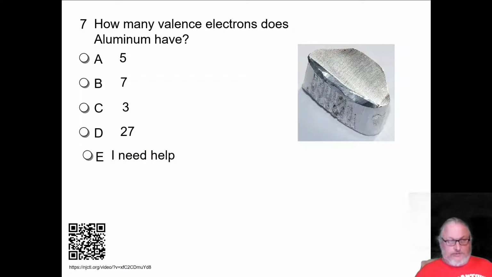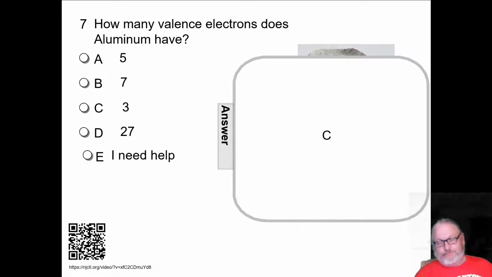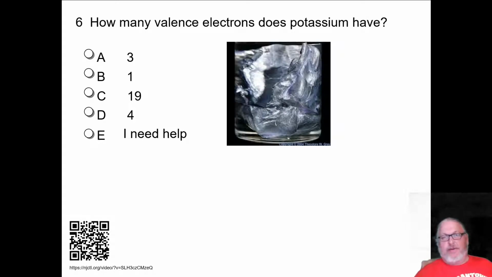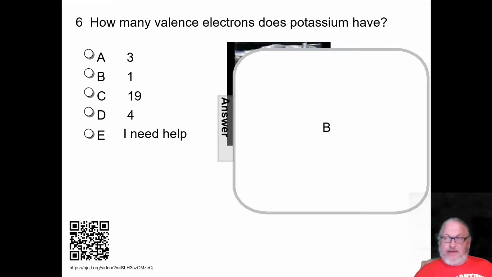So how many valence electrons does aluminum have? Just told you, 3. So how many valence electrons does potassium have? Potassium's in group 1. There's 19 total electrons, but only 1 valence electron in the outer shell.